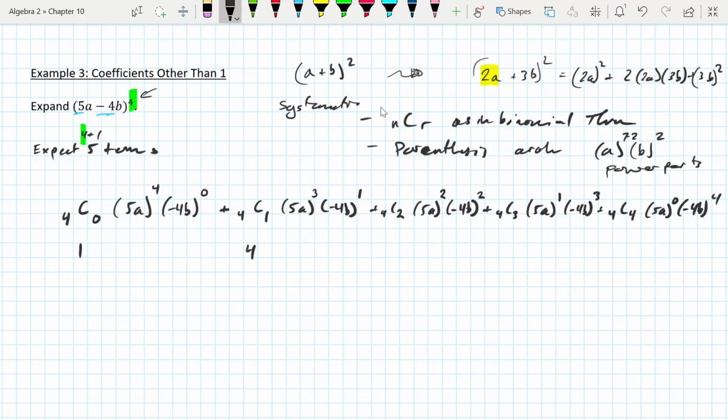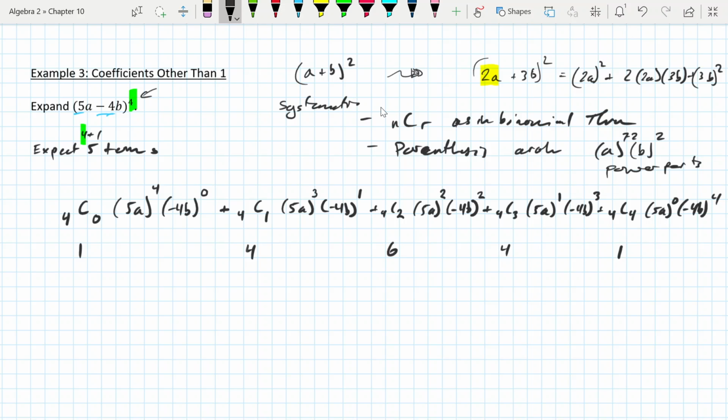So you can see I'm just kind of lining it up there. 4 choose 2 is 6. 4 choose 3 is 4. And 4 choose 4 is 1. Okay. So it's nice not having an eighth power expansion. There's a lot less to calculate there.